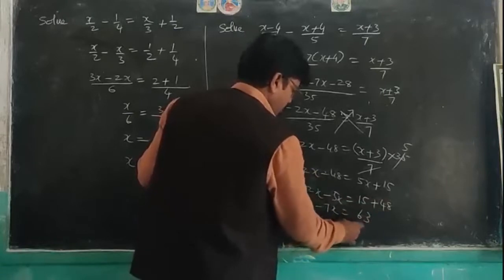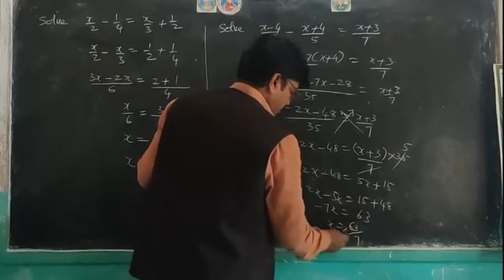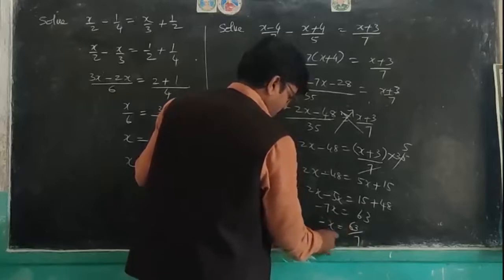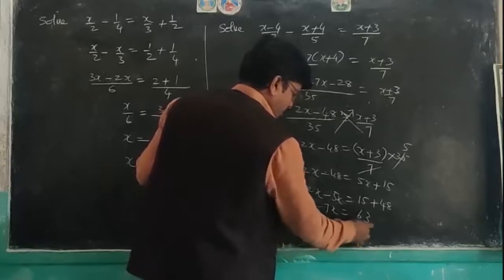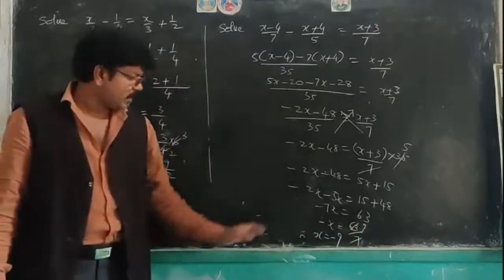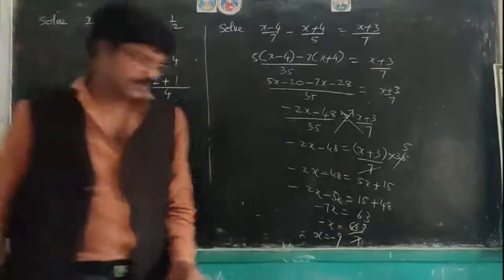Minus 7x equals 63, so x equals 63 by 7, minus, x equals minus 9. This is the answer: x equals minus 9. Confident, children?